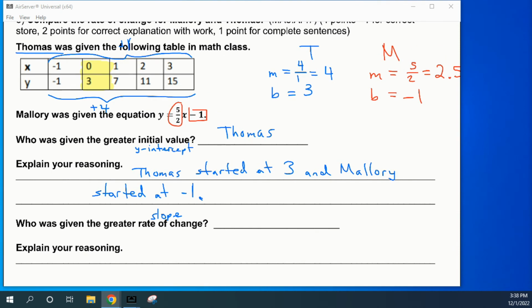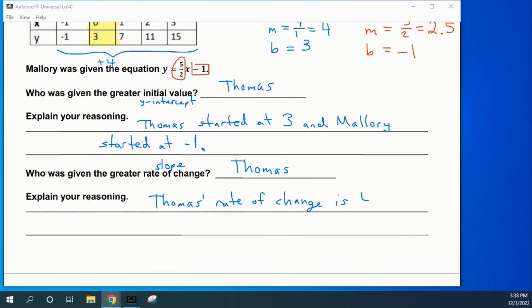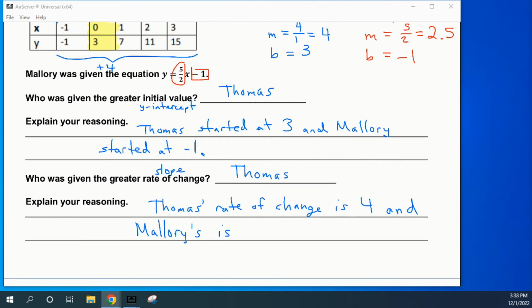Who is given the greater rate of change, which would be the slope? Also Thomas. Thomas's rate of change is 4, and Mallory's is, you could put 5/2.